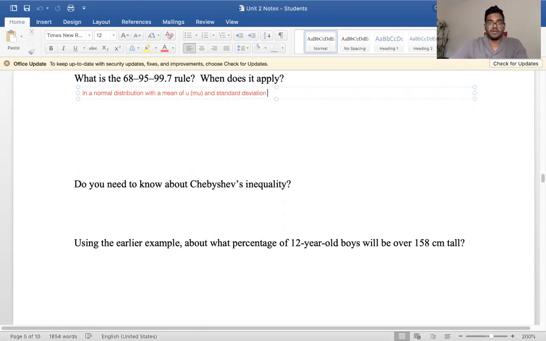I can't do the symbols in here, so I'm just going to put sigma as I'm typing. That's a little circle with a line on top of it. Then what can we say?